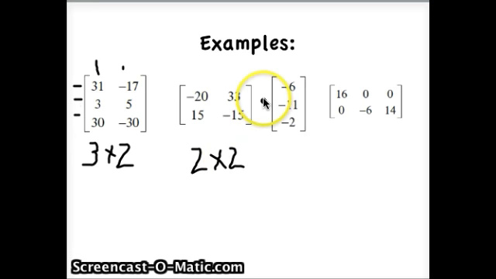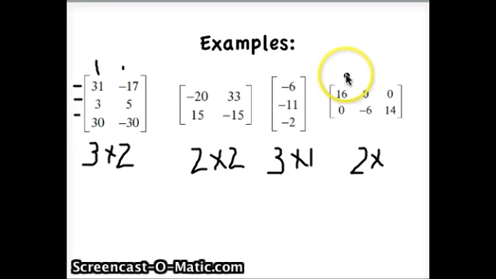The next one's a little tricky. We have 1, 2, 3 rows, so it's a 3 by, and there's only 1 column, so it's a 3 by 1. Alright, the next one, 2 rows, so it's a 2 by, and we have 1, 2, 3 columns, so 2 by 3.